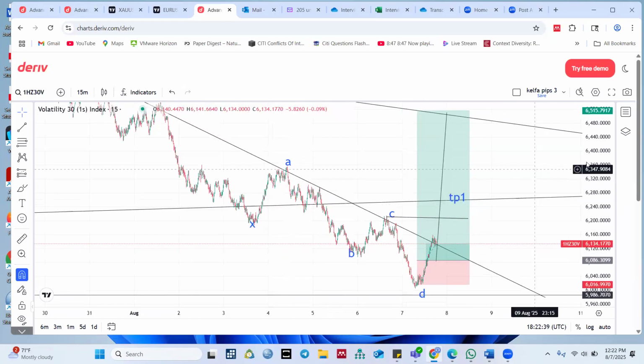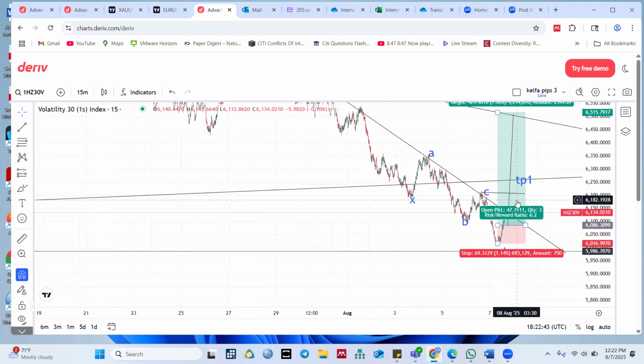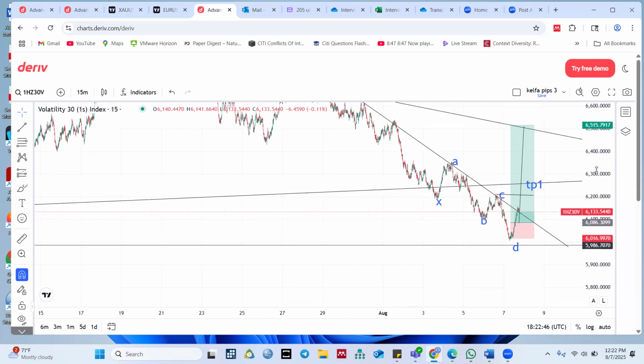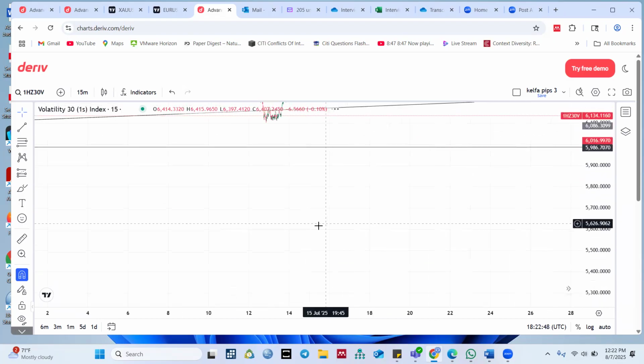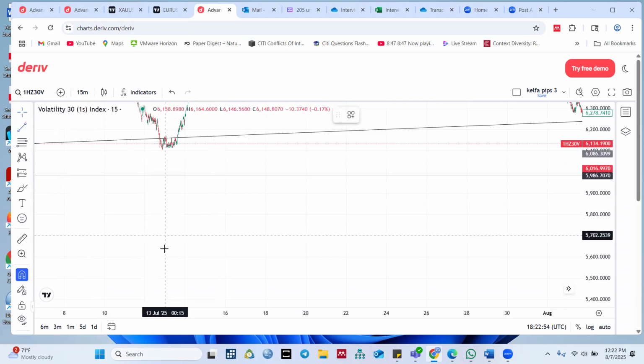Let me take a little time to clean this chart, but let's do what we want to do first before we come to the real chart. So market structure, what is market structure?